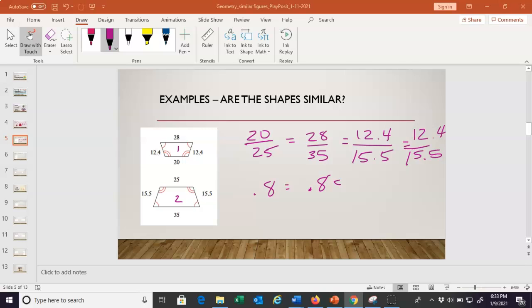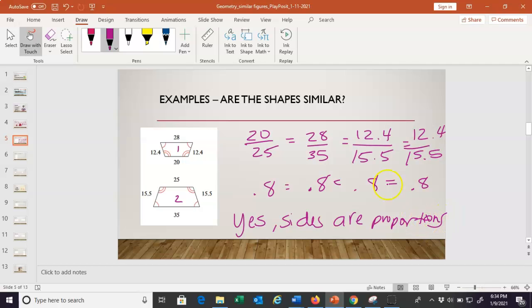Let's see. 12.4 divided by 15.5 is 0.8. And 12.4 divided by 15.5 is also 0.8. So you can see that all of these ratios are equal, which shows that the sides are proportional. So yes, sides are proportional.